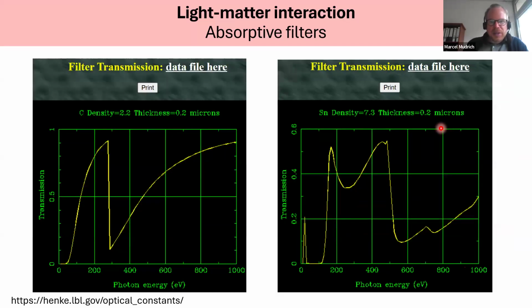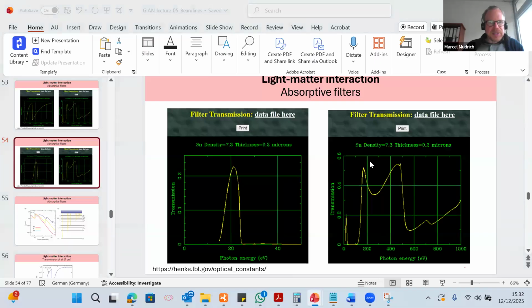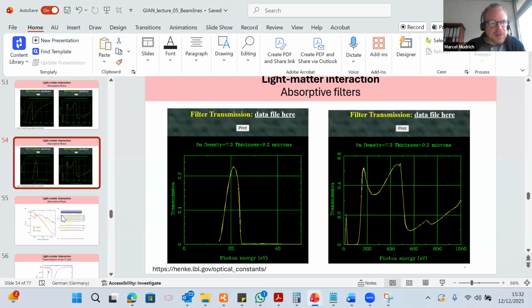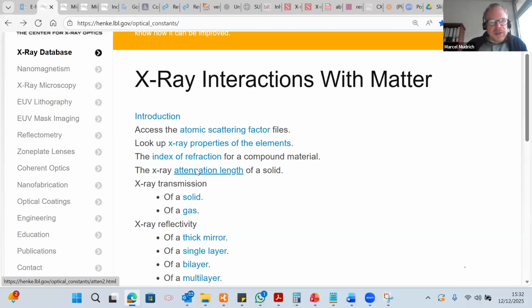So again, you can play around for yourself and put in different materials. For example, did I have an exercise here? No, I think I didn't have any exercise, but let me just quickly show you the website. So this is now not about reflection, but this is about X-ray transmission of a solid, for example.